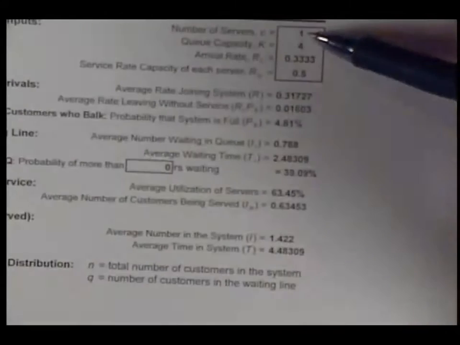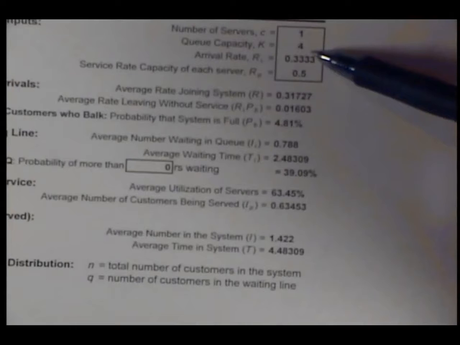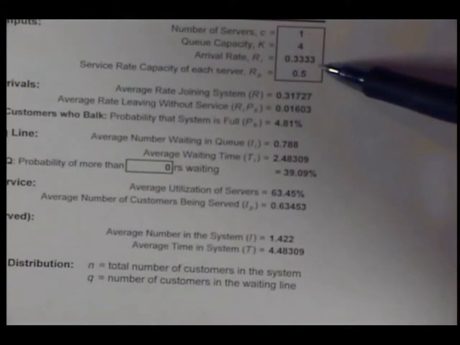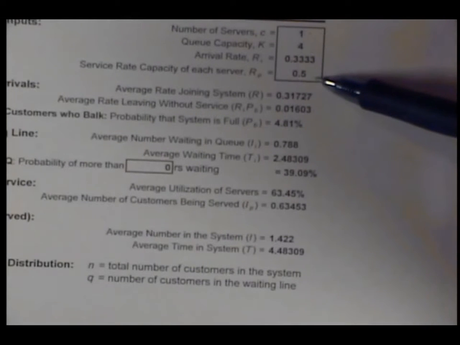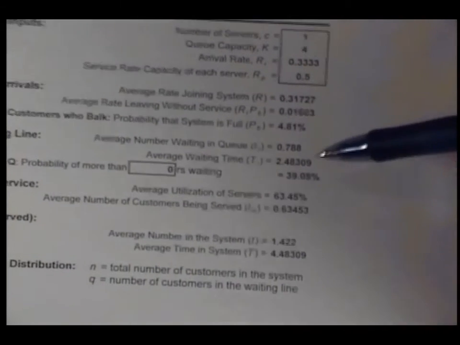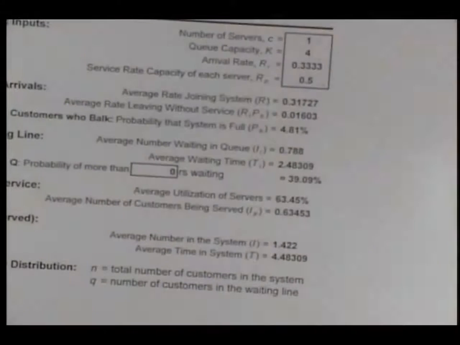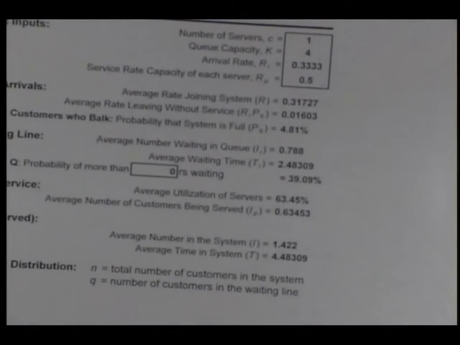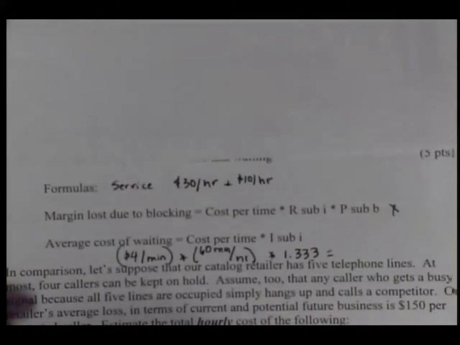We would say we have one server, we have a queue capacity of 4, our arrival rate and our processing rate stay the same, right? And then we get this additional information, all right? And so if we were going to then consider how we were going to estimate the hourly cost, our providing service still remains the same at $30 plus $10, right?